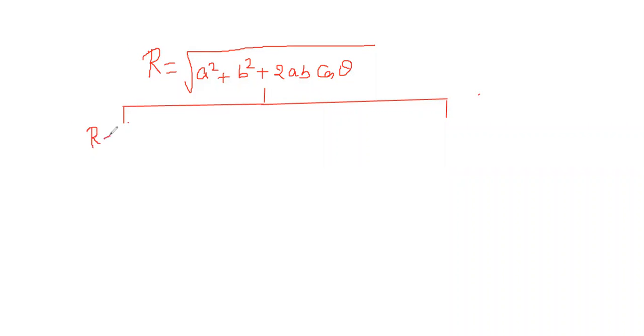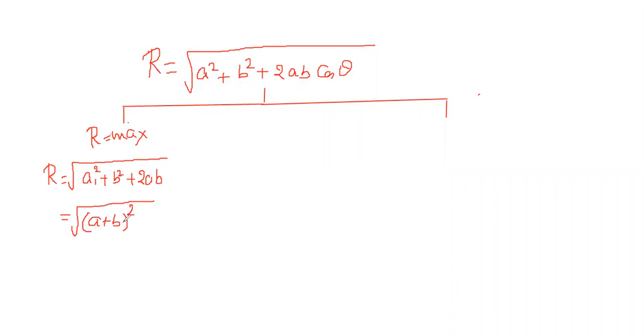For R maximum, if we put cos theta equal to plus 1, we get R equal to under root A square plus B square plus 2AB. This is the formula for A plus B whole square.